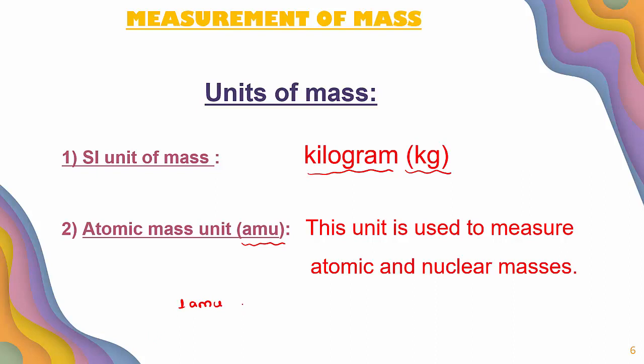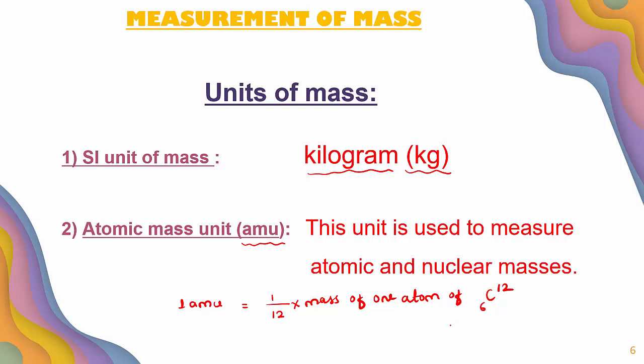1 AMU is equal to 1/12 the mass of one atom of carbon 12. Atomic mass unit is defined as 1/12 the mass of one atom of carbon 12.